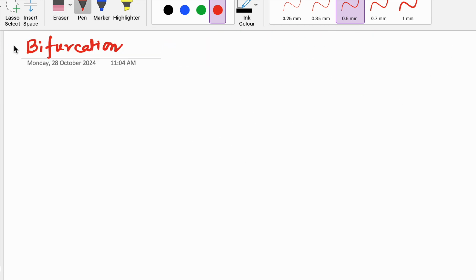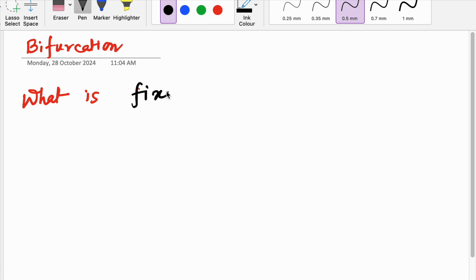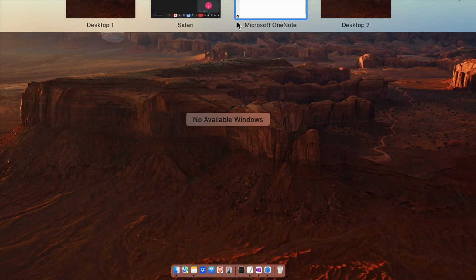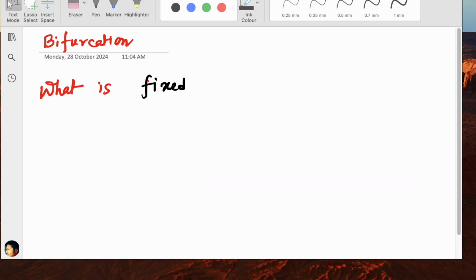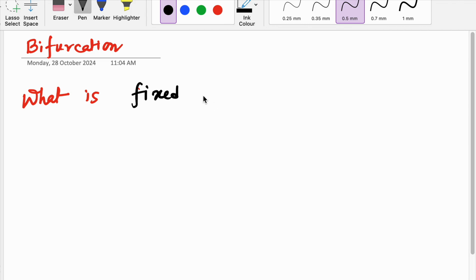So far we have learned what a fixed point is, and we can calculate the fixed point now.